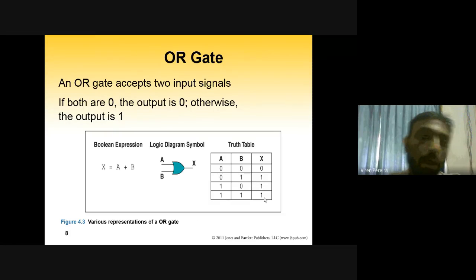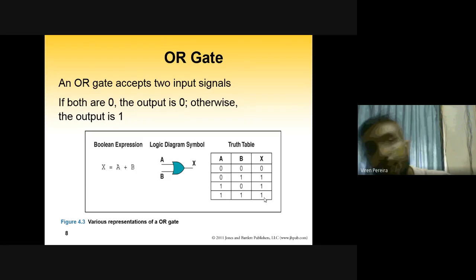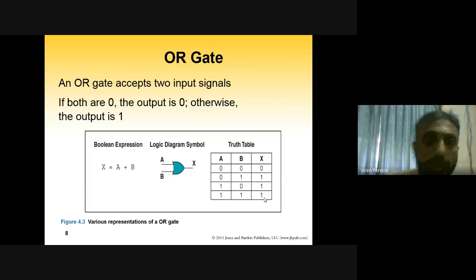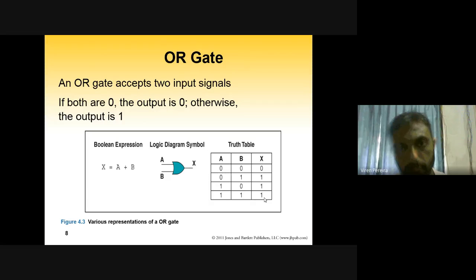Then we come to the OR gate. In the same way that we have a multiplication operator, we also have an addition operator. An OR gate accepts two input signals and more.